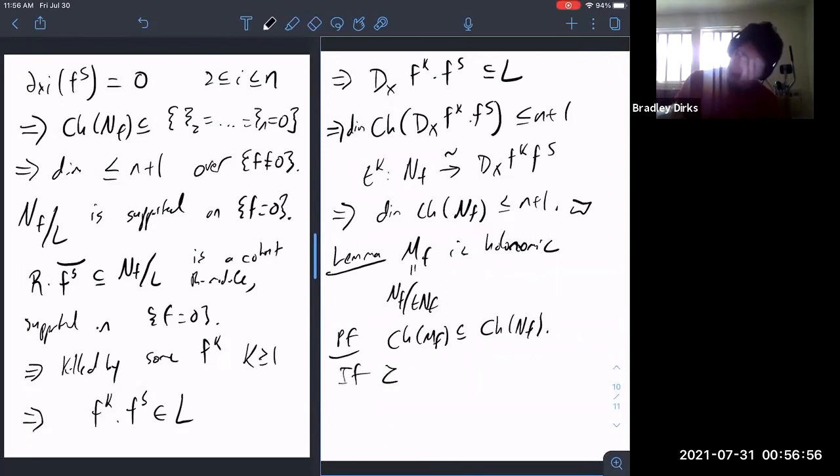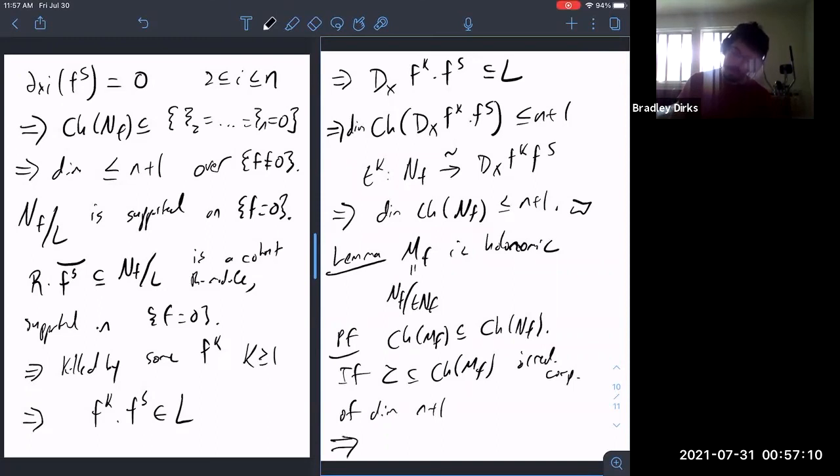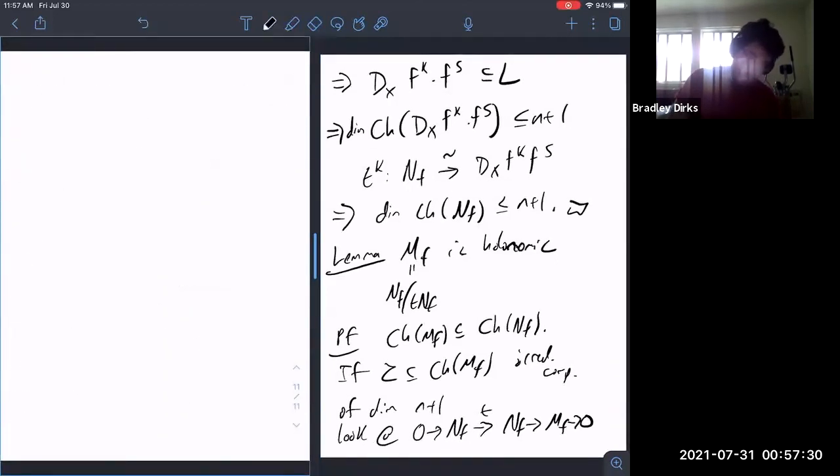Okay, if it has an irreducible component of dimension n plus 1, right, so we want to show that it can't have any such irreducible components. But if we look at the short exact sequence 0 goes to N_f by t, goes to M_f to 0, then the multiplicity argument says m_Z N_f equals m_Z N_f plus m_Z M_f.